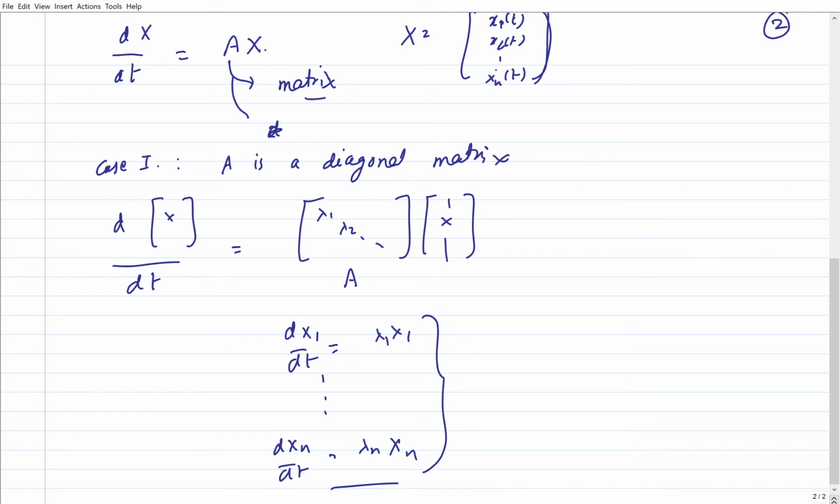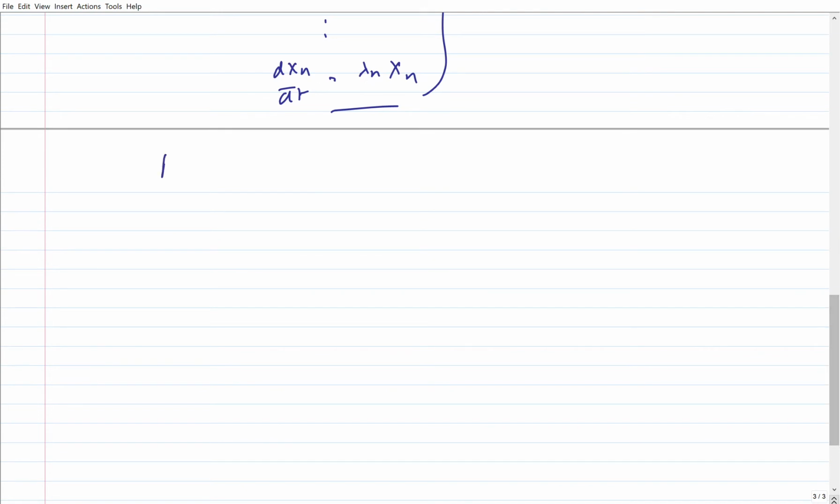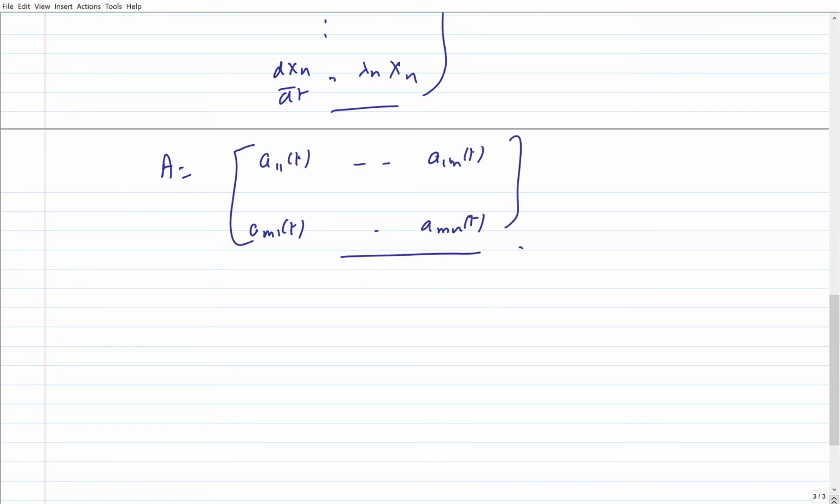But what happens when A is not a diagonal matrix? In general, A can be some matrix with entries a11, up to a1n, or anything like that, and I have x of t to be x1 t, up to xn t, and so on.